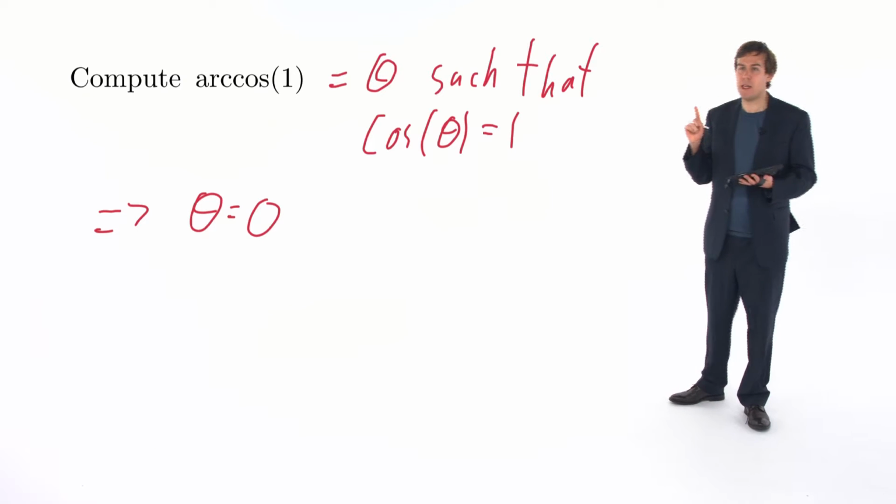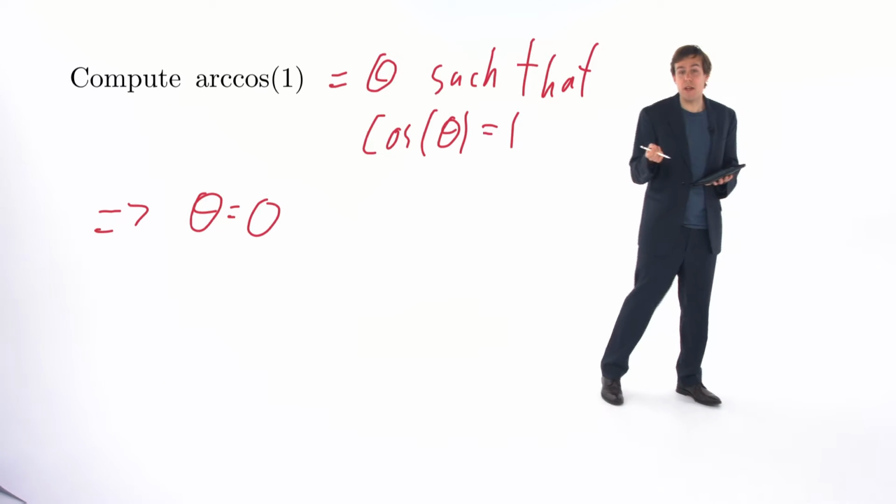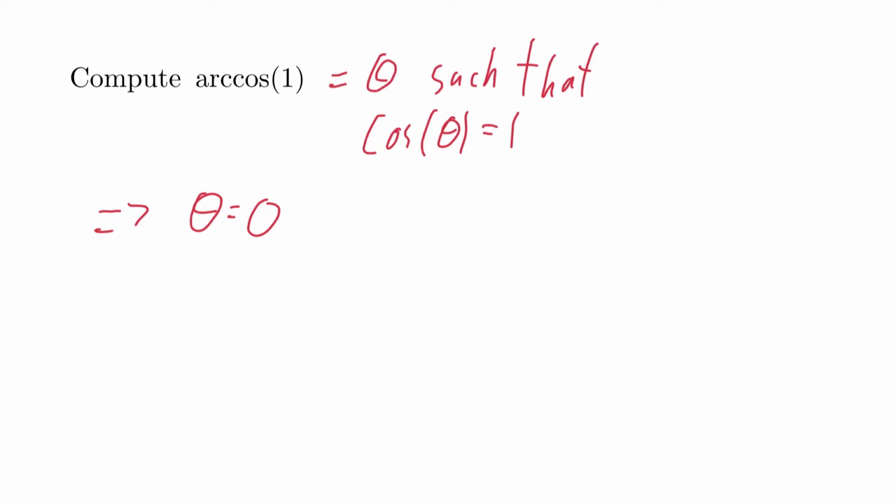Now, I will make a remark at this point, which is for those of you who are really understanding what's going on here, you might say, well, if I'm just looking at theta such that cosine of theta equals 1, theta equals 0 is not the only choice, because cosine is periodic.